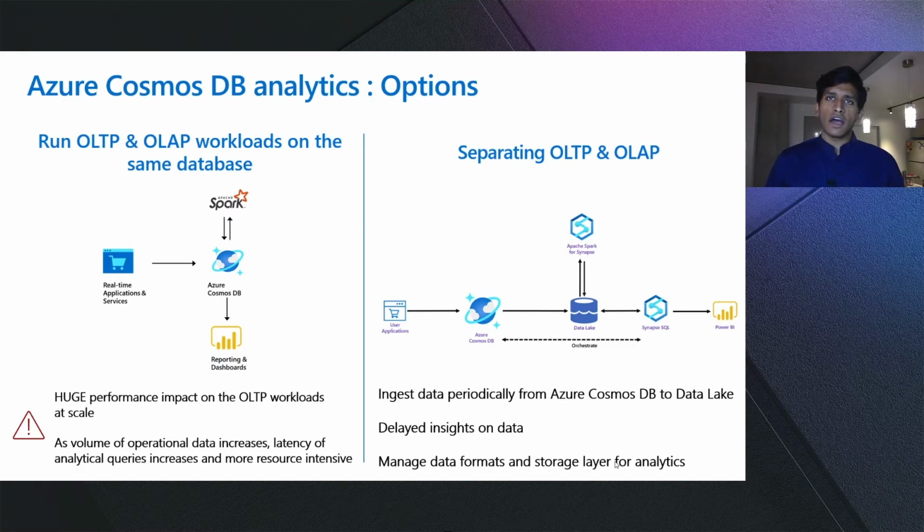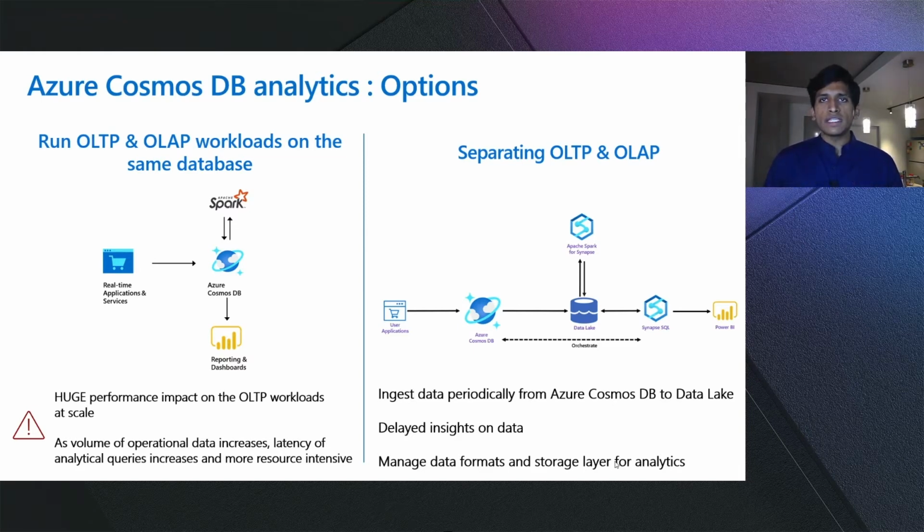So the other option to ensure there is no performance impact to OLTP workloads has been one where data engineers create and operationalize pipelines to periodically move data from Cosmos DB to a data lake. These pipelines must be then monitored and managed throughout their lifetime.